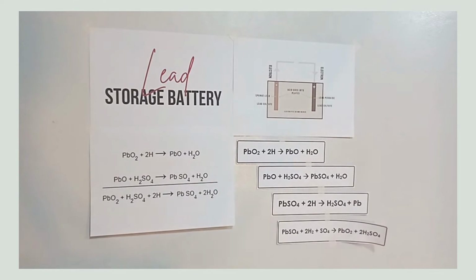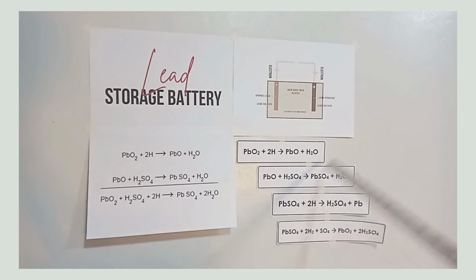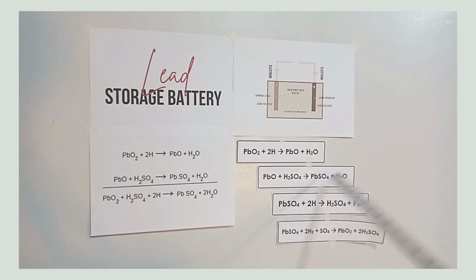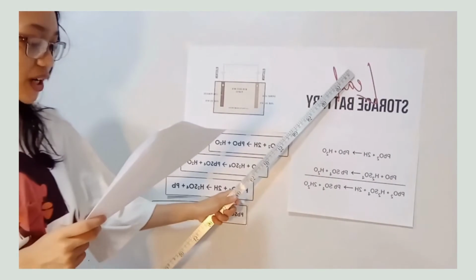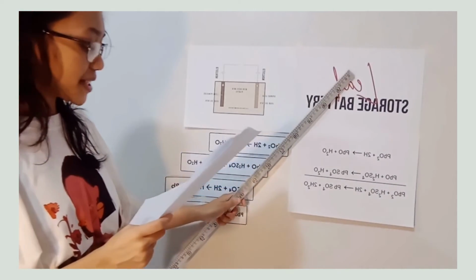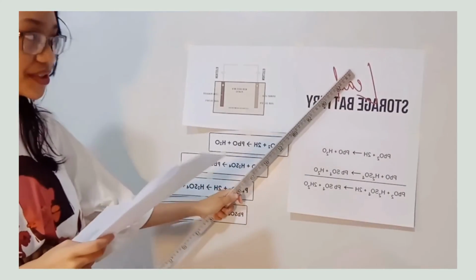The formed hydrogen atoms react with the lead sulfate and form lead and sulfuric acid. The formed radical sulfate reacts with lead sulfate of an anode and forms lead peroxide and sulfuric acid. By charging the lead storage battery cells, it becomes ready for discharging.